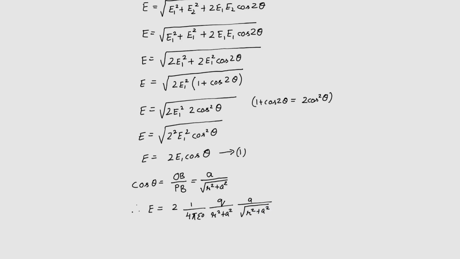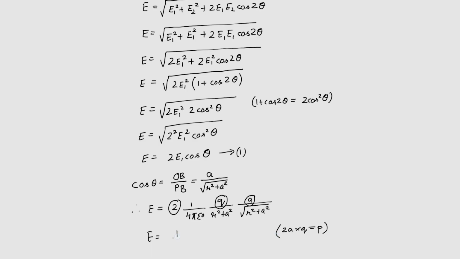Now let us simplify. We have 2 into Q into A. What is 2 into Q into A? This value is equal to P, which is your dipole moment.